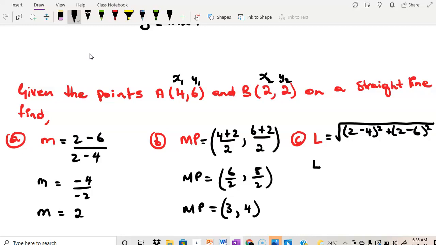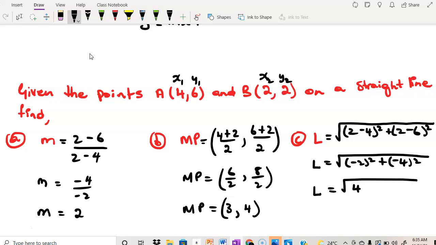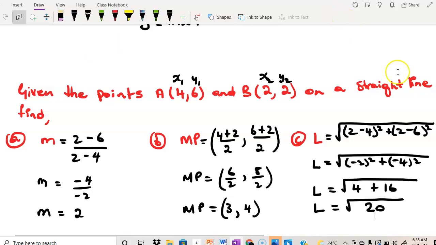So we have length is equal to the square root of negative 2 squared plus negative 4 squared. Length is equal to the square root of 4 plus 16. So our length, guys, is the square root of 20. We're going to leave it with the radical sign, given that it's not a perfect square.